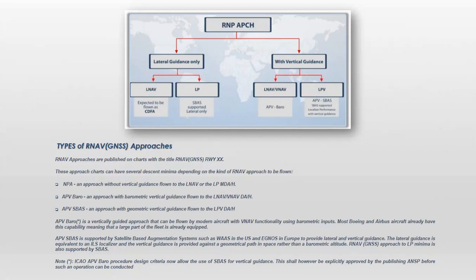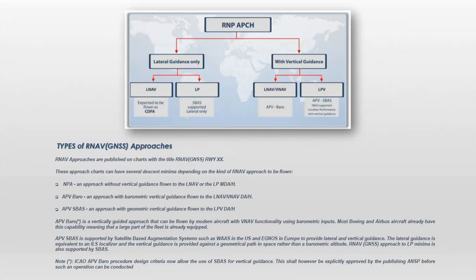APV SBAS is supported by satellite-based augmentation systems such as WAAS, Wide Area Augmentation System, in the US and EGNOS, European Geostationary Navigation Overlay Service, in Europe to provide lateral and vertical guidance. The lateral guidance is equivalent to an ILS localizer and the vertical guidance is provided against a geometrical path in space rather than a barometric altitude.